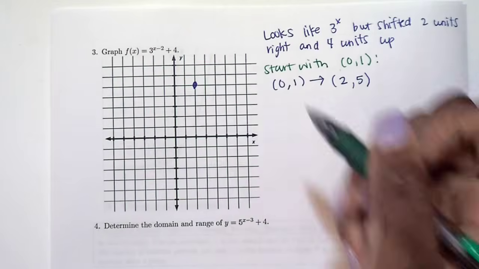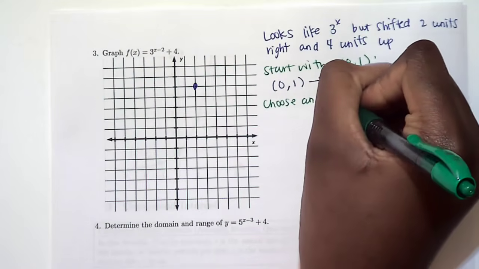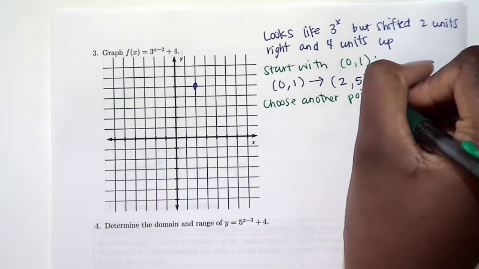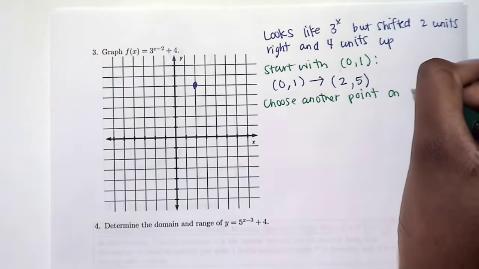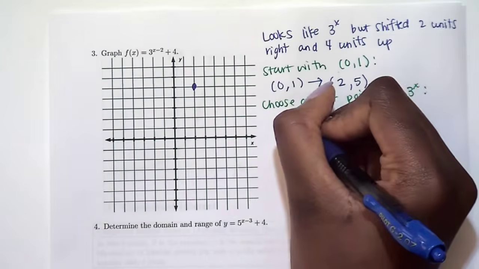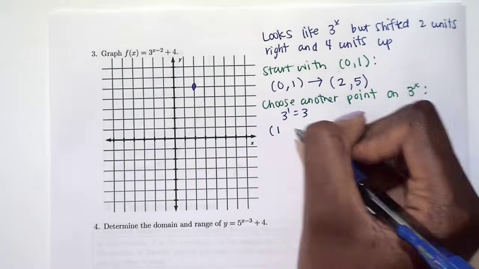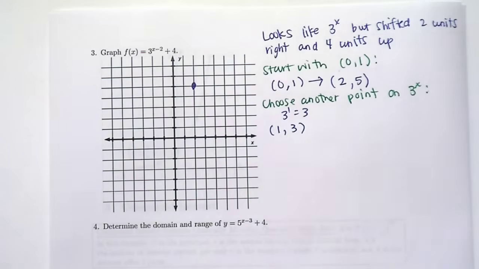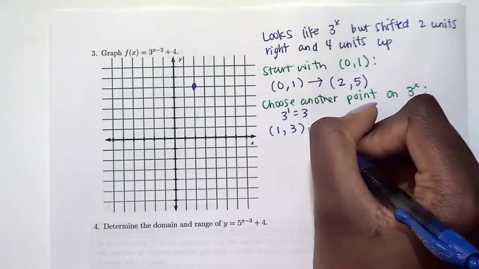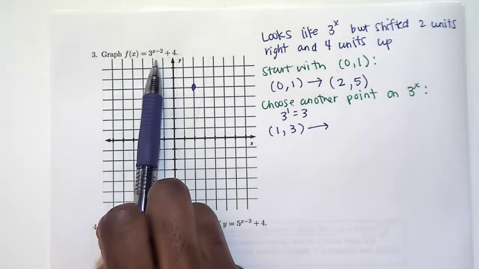Then we just need to choose another one. So we're going to choose another point on 3 to the x. We know 3 to the 1 equals 3, so we could use the point x equals 1, y equals 3, and we're going to transform it so that it works with this graph.